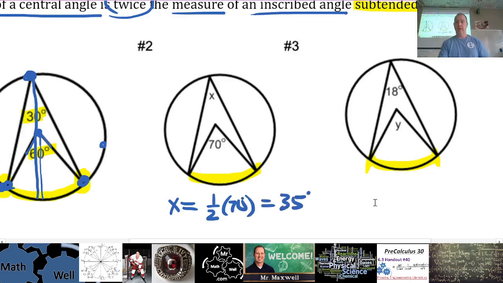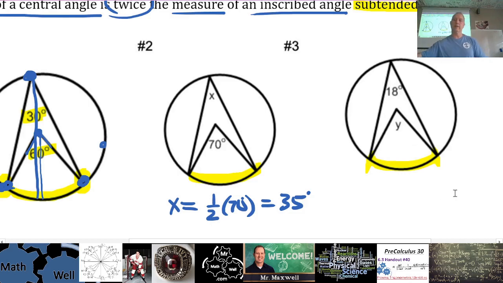Excellent. And you can see one angle looks bigger than the other, so you know which one's the double and which one's the half. So is y going to be 9? Are we talking about half? Oh, it's not 9, it's not half. Y looks to be bigger. They're subtending the same arc, so 18 is the half, and y would be the double.